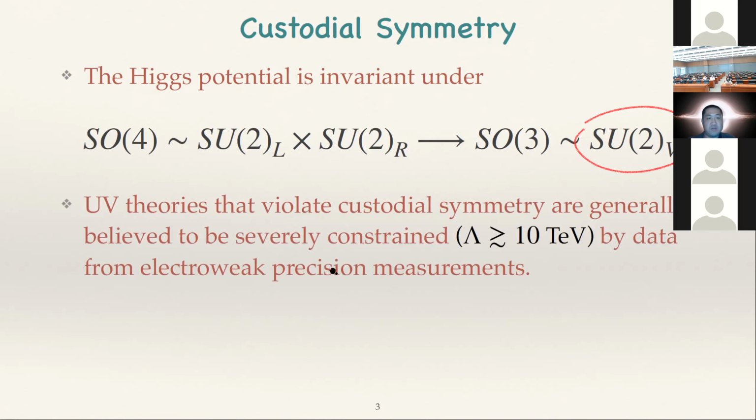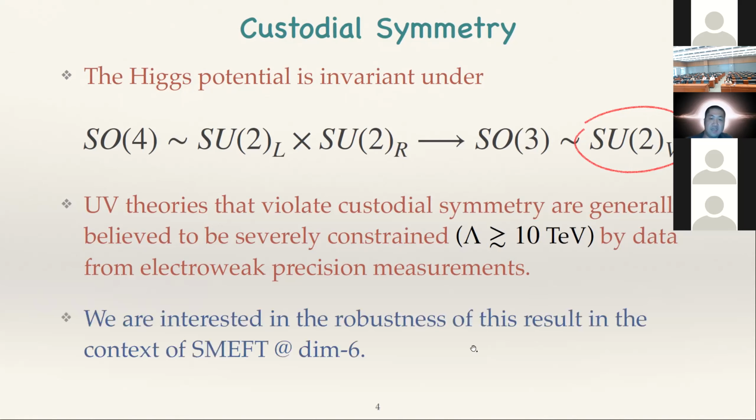The folklore says that UV theories that violate custodial symmetry are generally believed to be severely constrained, for example with a cutoff of 10 TeV or larger, by data from electroweak precision measurements. Lots of people in our community believe that.